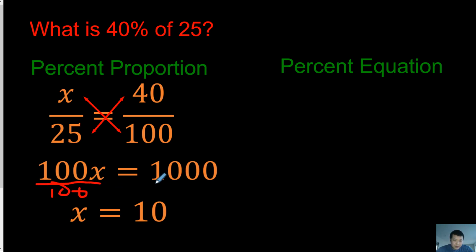Divided by 100, and we find that x, or the part, is 10. And we can check ourselves with the percent equation. We're looking for 40% of 25. 25 is the 100%. So what we do is 0.4, because we change this into a decimal, times 25. And if we do that, we find that it equals 10 as well.